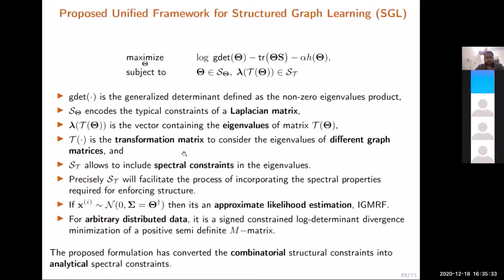If data is coming from a Gaussian distribution, then it is an approximate likelihood estimation under the IGMRF model. If data is arbitrarily distributed, then it is a sign-constrained log determinant divergence minimization problem under the M matrix. So this is a general formulation.